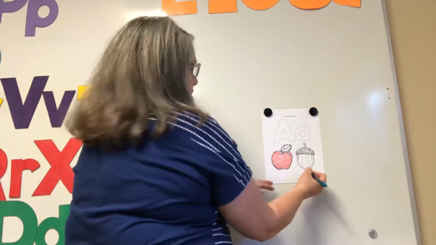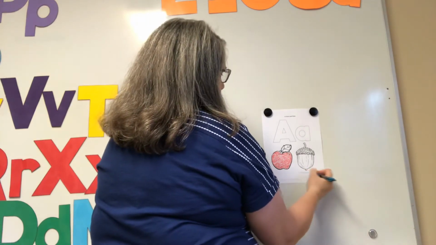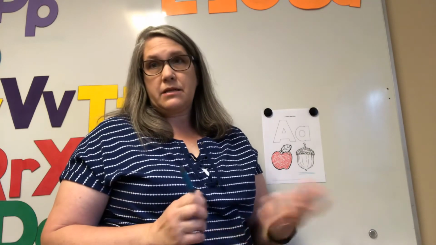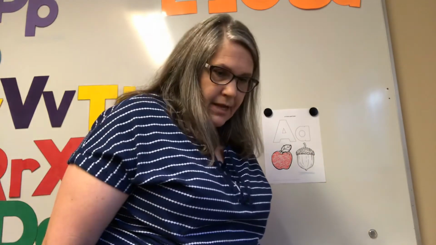Well, I have a blue pen right here. I want to show that this is the short sound. And I'm not going to color my acorn blue. You can color it blue if you want. I'm going to color it brown in a little while because I want it to show it, acorn really is tan and brown.